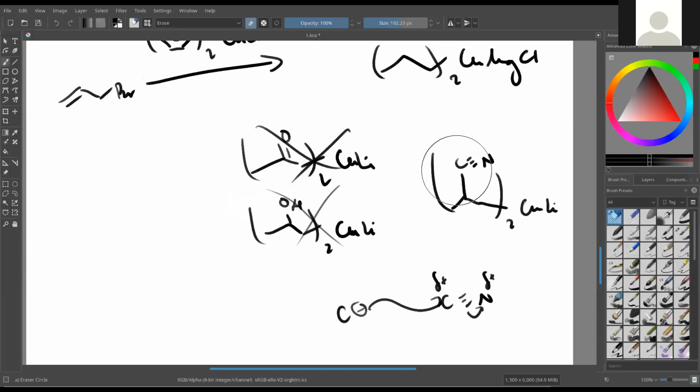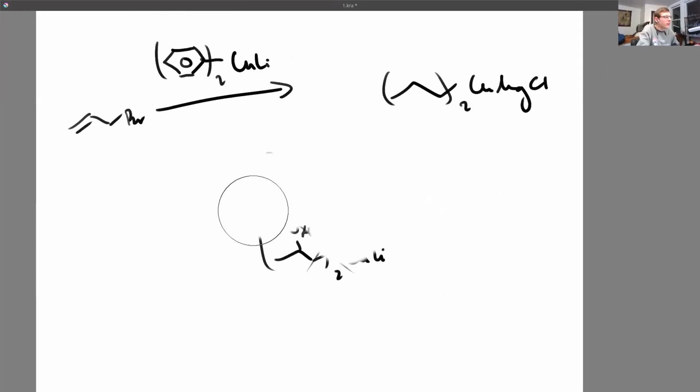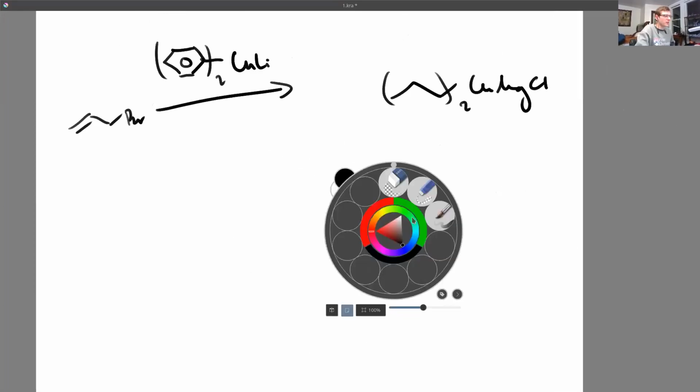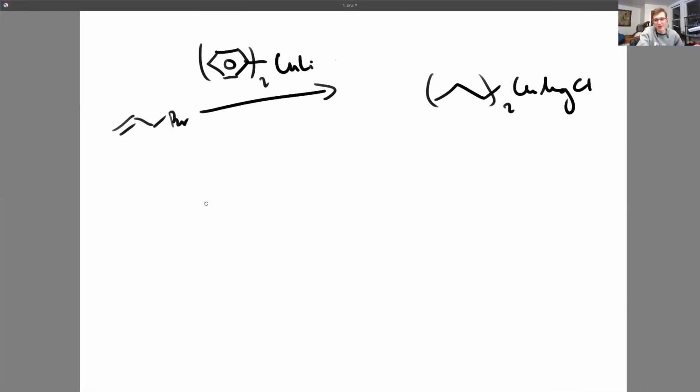So here, let me just do this. Okay. So the thing with cuprates is they're weaker than other organometallics, right? Let's go really simple, right? CH3 lithium. This thing can attack most carbonyl things.